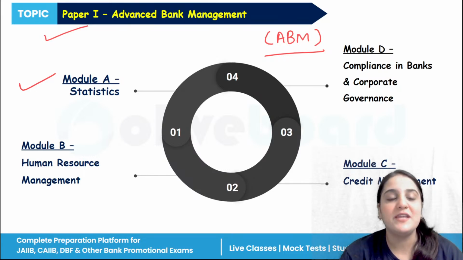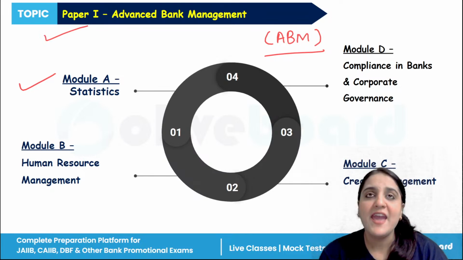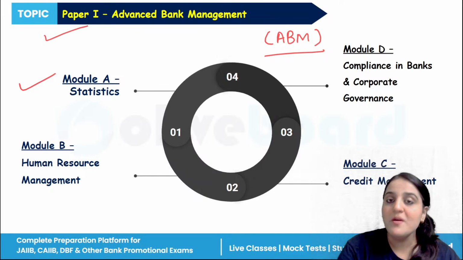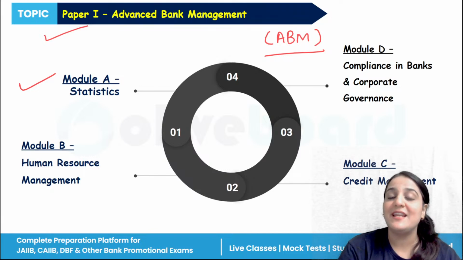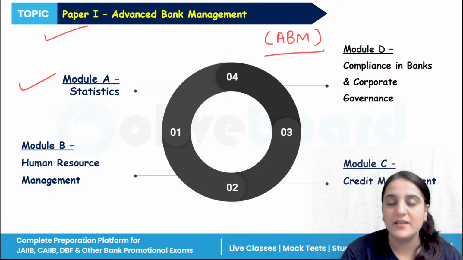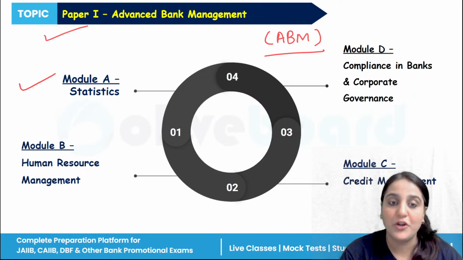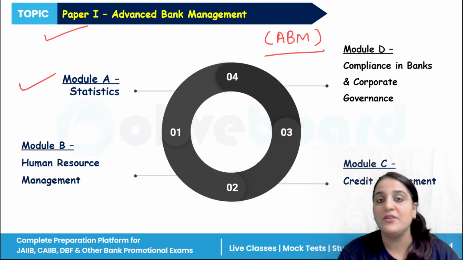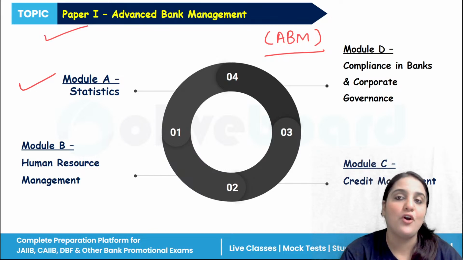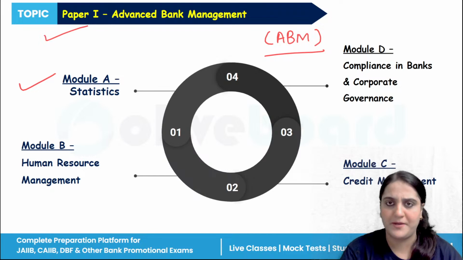Module B is related to HRM, human resource management, and everybody is saying that if we choose human resource management in the elective paper, this paper is a little bit easy and a little bit interesting. In module C you will learn how to do the management of credit, and module D is dealing with compliance in banks and corporate governance.